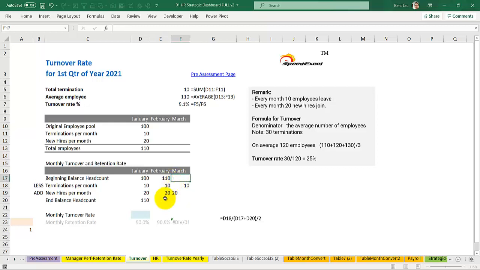And here we just click on this link again. So 100, 120, 130.